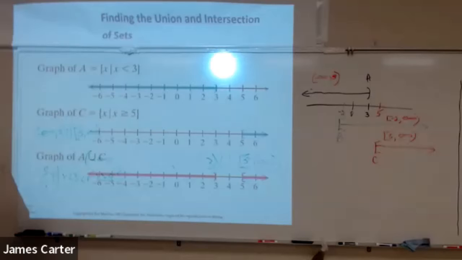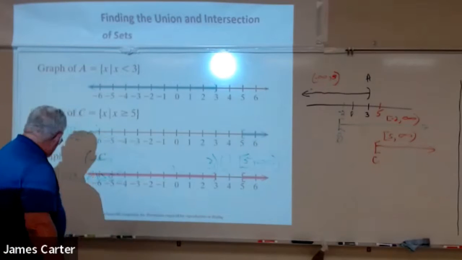Share. Okay, do you see the difference in the language? You see the word or, you know it's going to be a union. You see the word and, you know that it's going to be an intersection. So that's a couple more word problem clues. Okay.